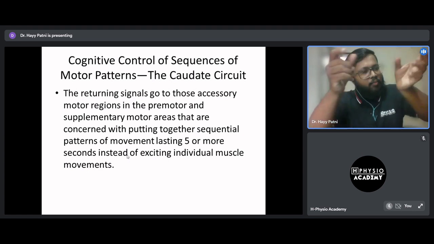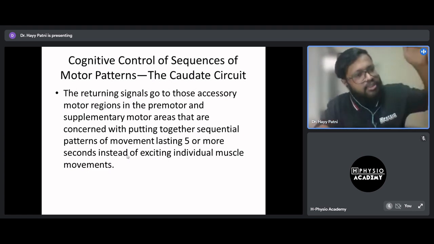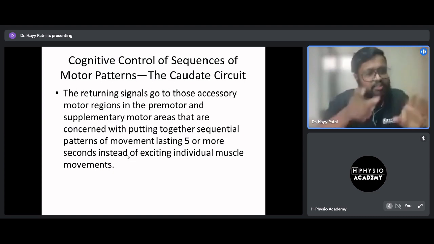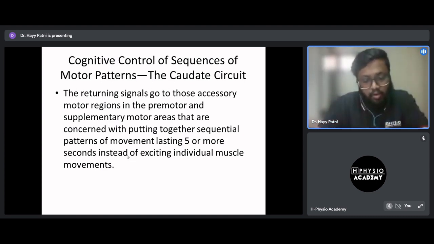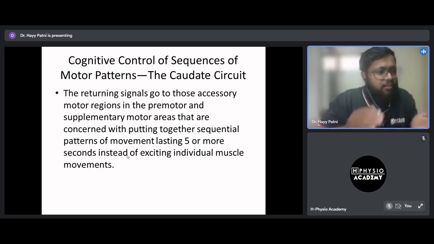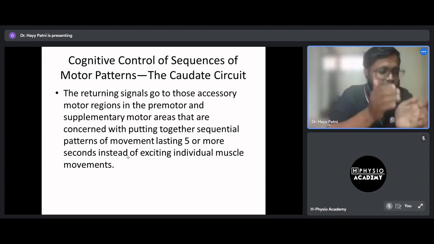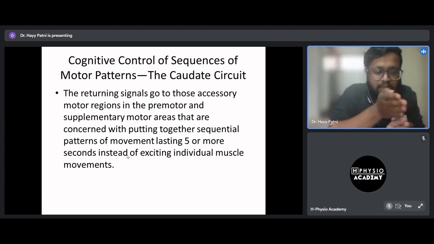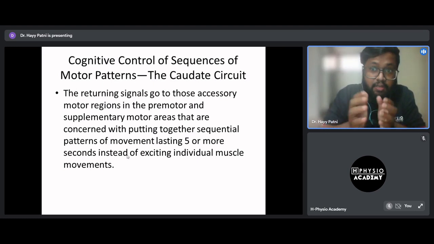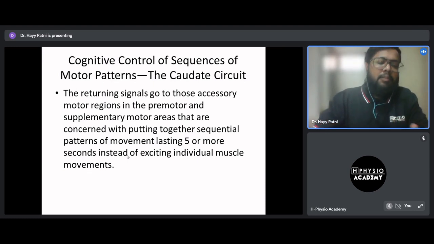The pattern is generated, and then the motor association areas set it in a particular sequence. But the caudate helps in understanding how, even in a small moment of time, such as a few seconds, you plan out an activity that might be very complex in terms of movement, and we'll see that in an example very soon.